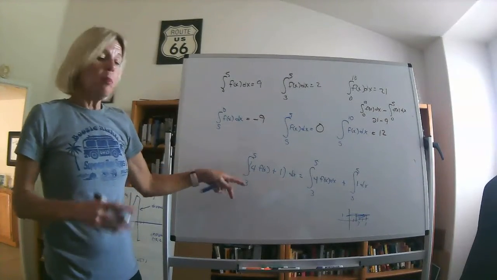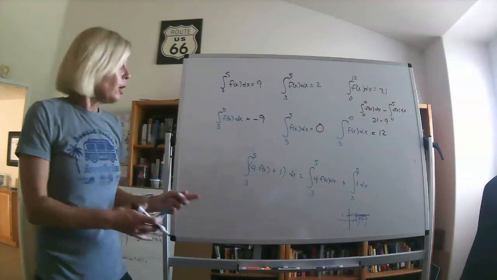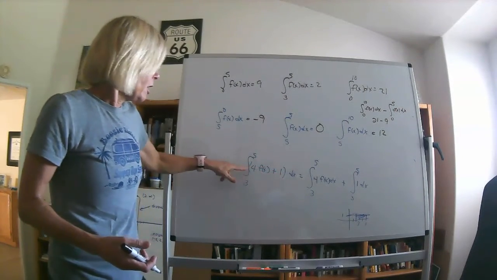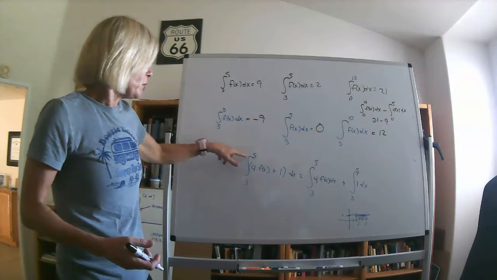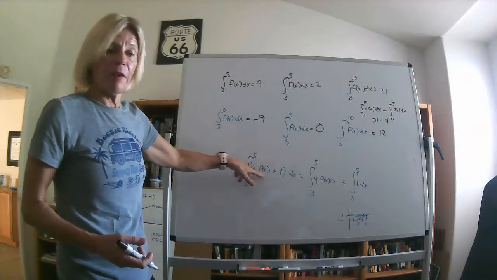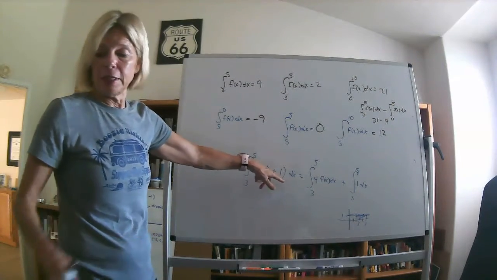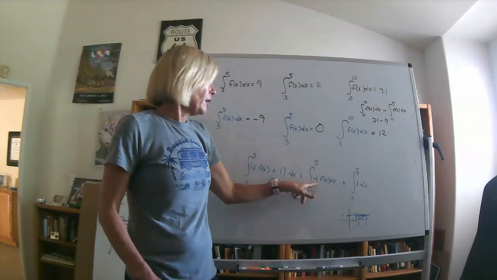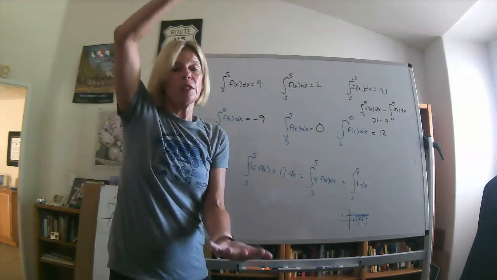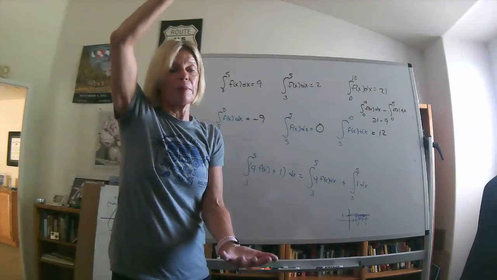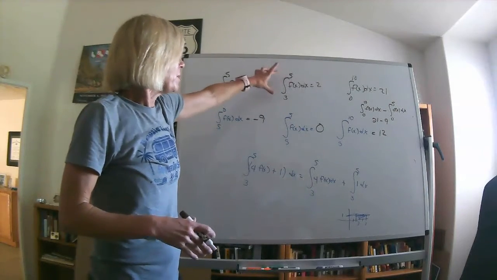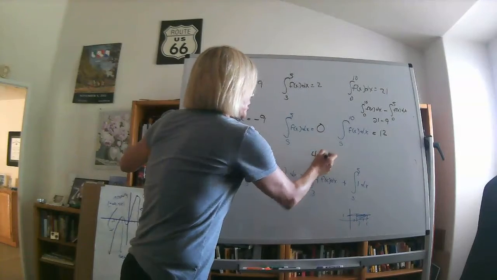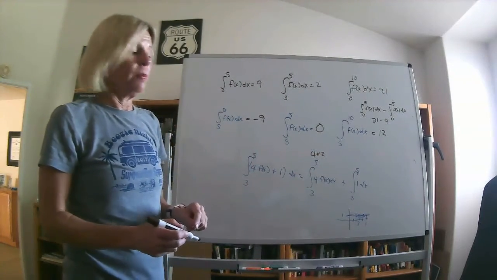Lastly, we can multiply by a constant, or we can pull a constant out and back in. So if I have the integral from 3 to 5 of 4 times f of x plus 1 dx, I'm going to think of that as two different integrals. This 4 just makes the graph 4 times as tall. So if I think about that with the area perspective, this is going to be 4 times 2 for this part of the integral.